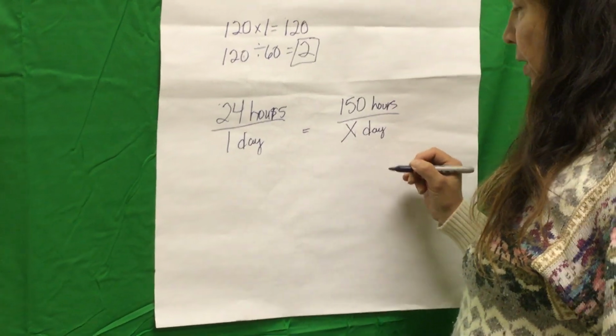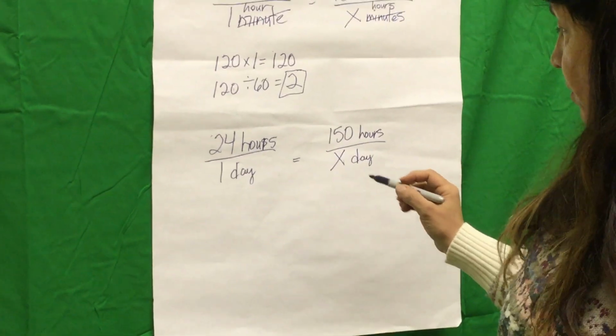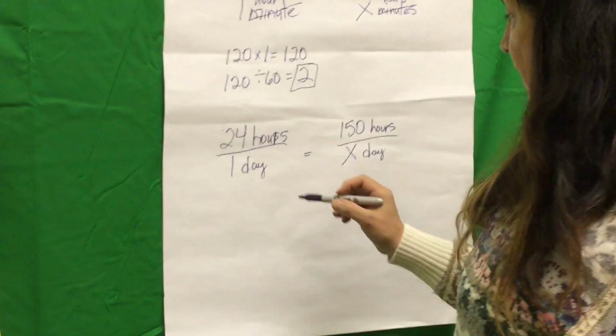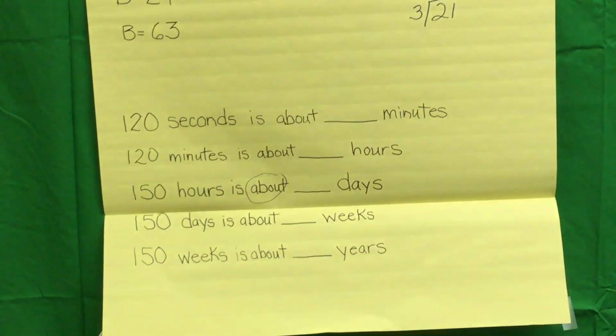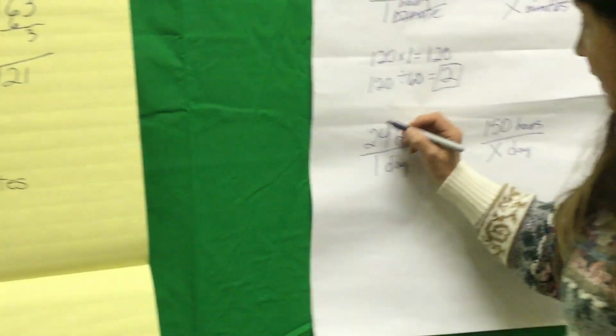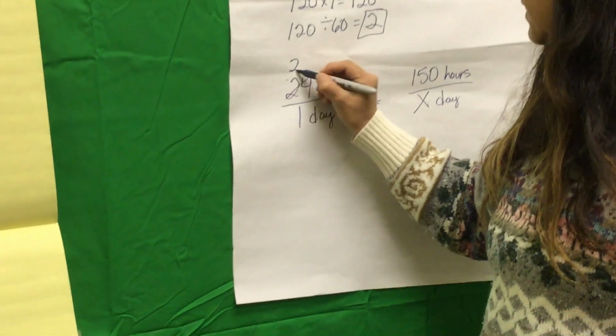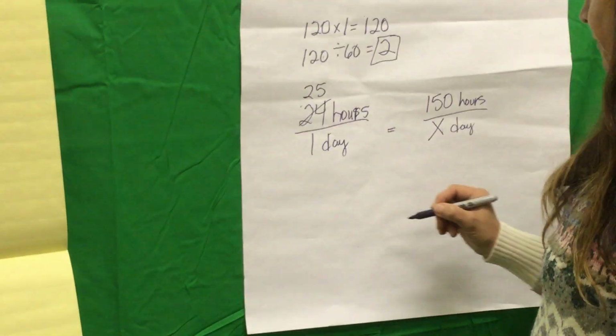And we do the same thing. We would cross and then divide. However, it says about. So what we can do is we can just change this to 25.